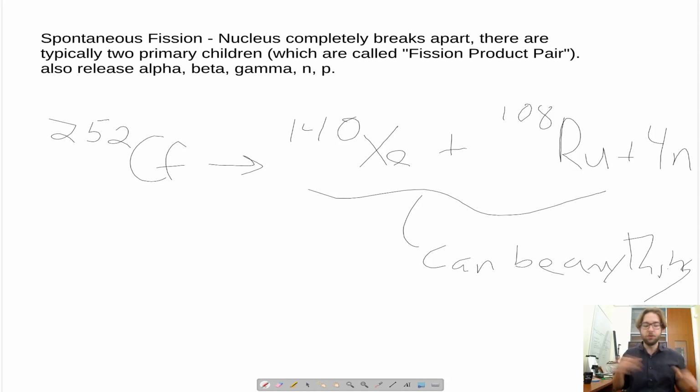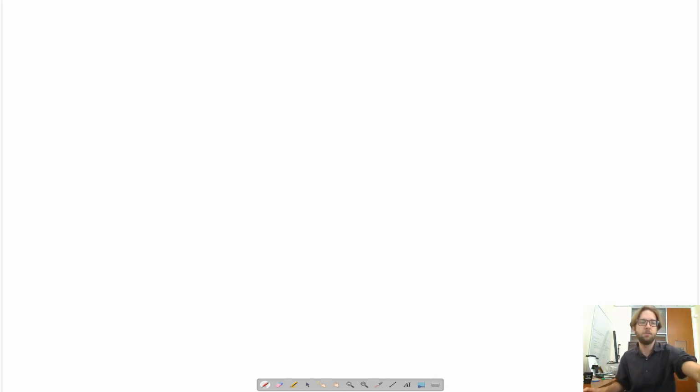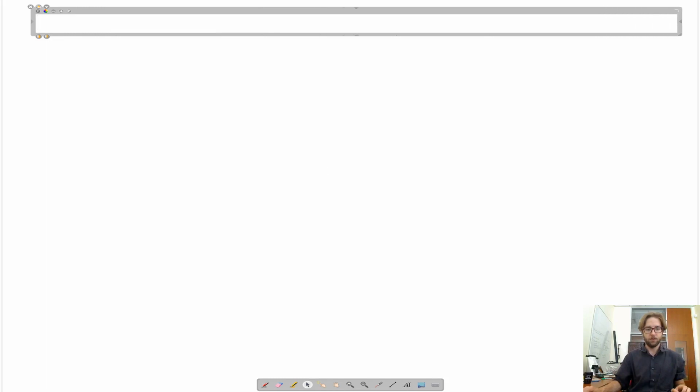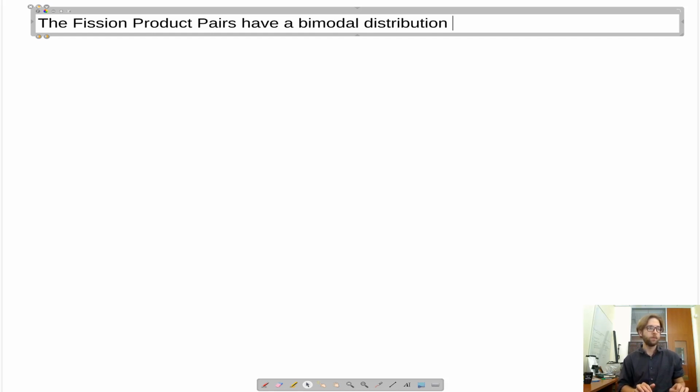And it's important to note that this fission product pair can be anything. There's some distribution again of what the pair happens to be. So the fission product pairs that come out have a bimodal distribution centered around half of the mass of the parent.